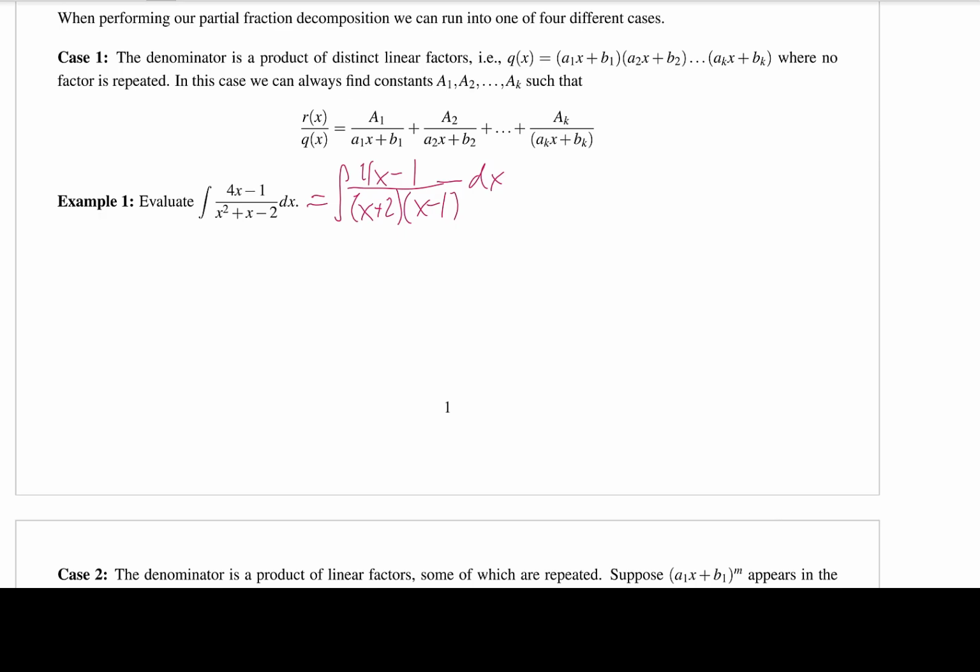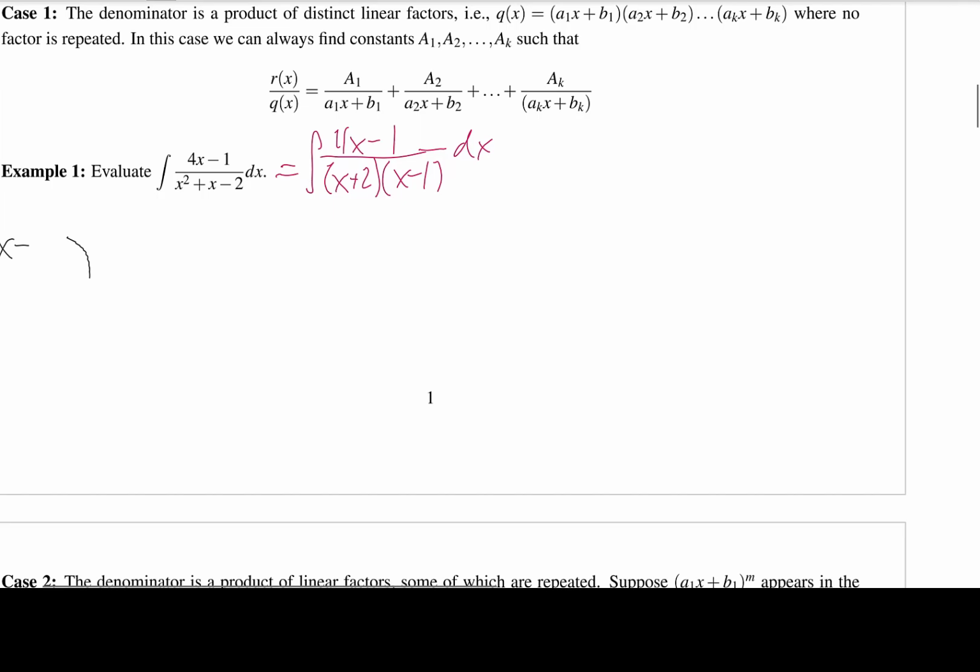And so now what I want to do is use our method of partial fractions. Whenever we have linear factors on the bottom, we just put some constant on top. So let me show you what I mean.